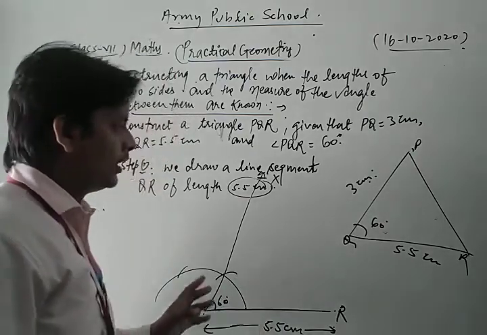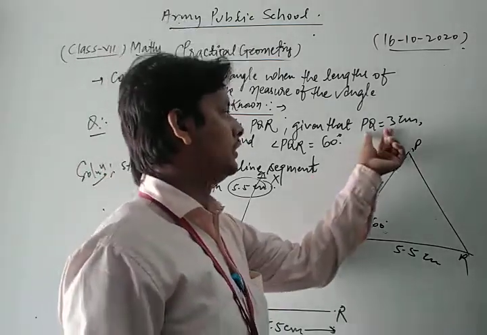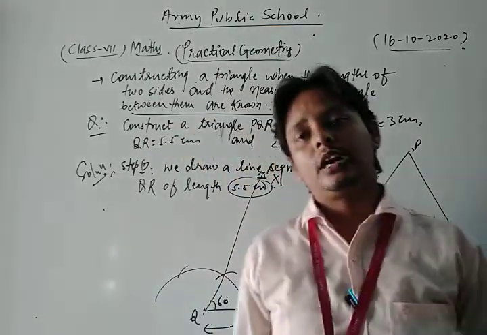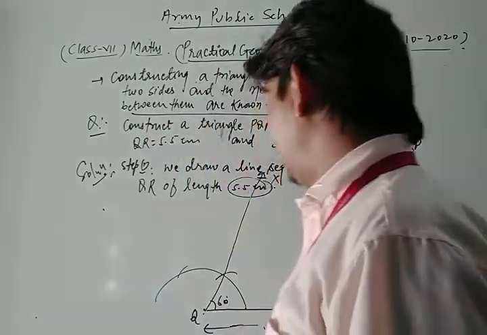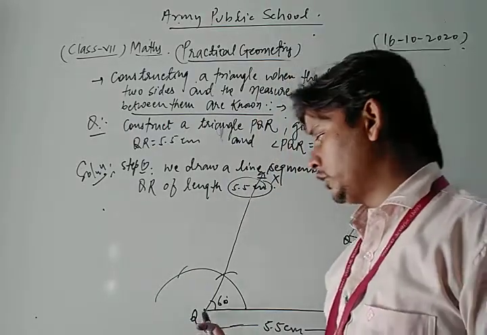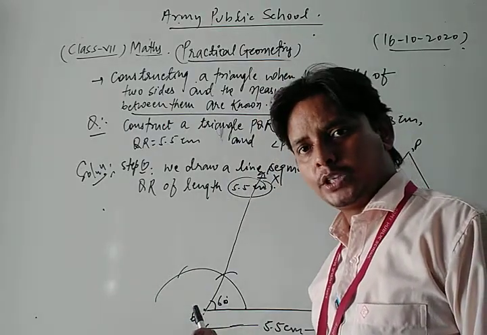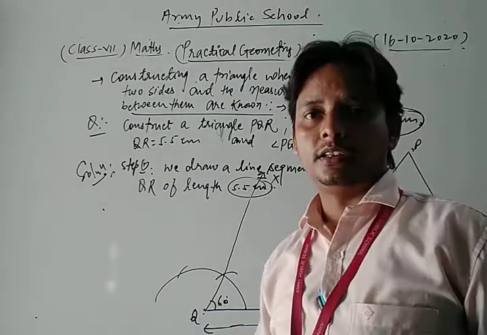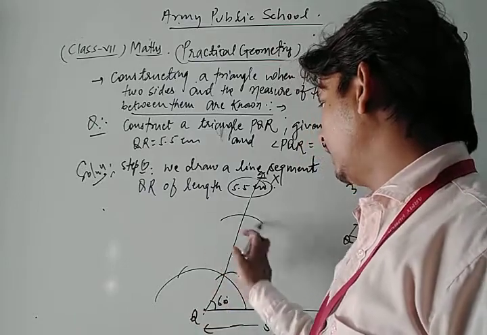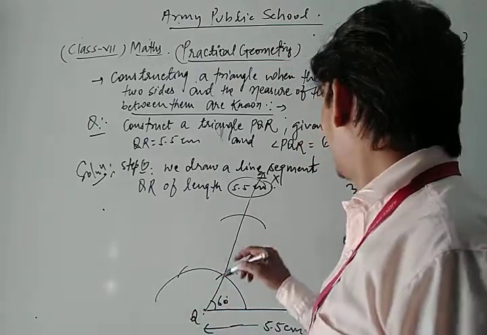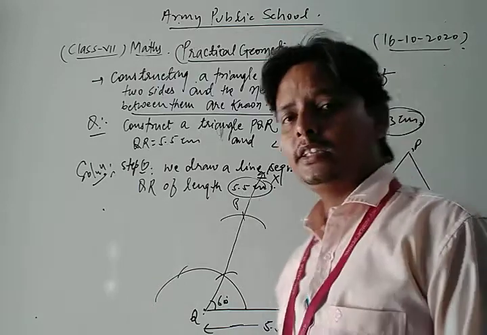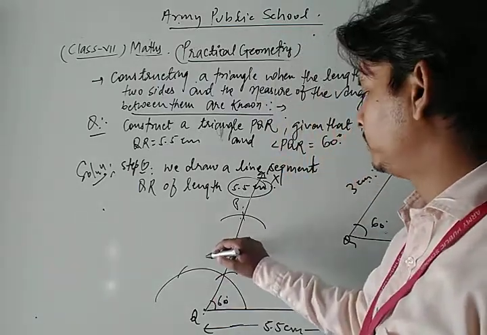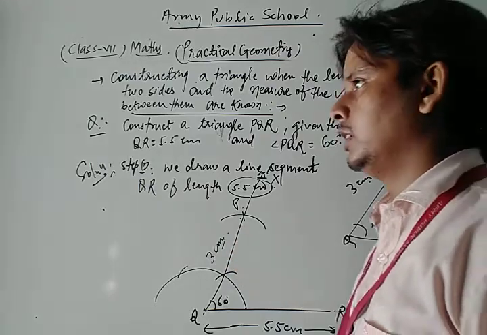Now after that, we construct PQ equal to 3 centimeter. We put the tip of the compass at point Q and, taking the length 3 centimeter, cut an arc which cuts the ray QX at point P. Suppose that is point P. And here PQ is equal to 3 centimeter.